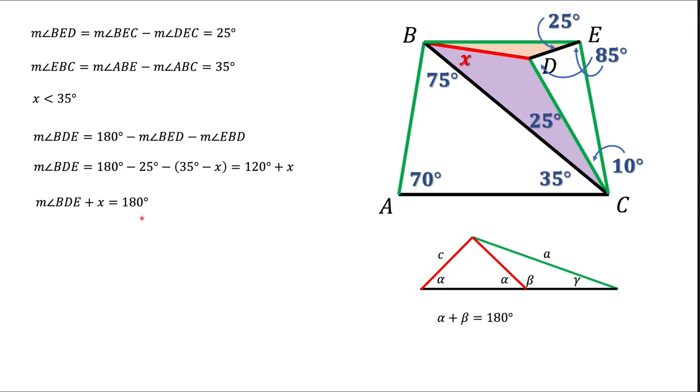So now we actually have two equations for angle BDE and for X. This is one equation, this is another equation. And what we're going to do is take this equation and subtract it from this equation. When we do that, angle BDE is going to cancel out, and we're going to get an expression like this, which we can simplify and get the final answer as X equals 30 degrees.